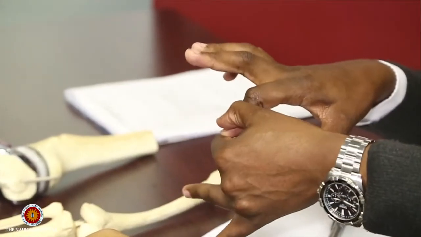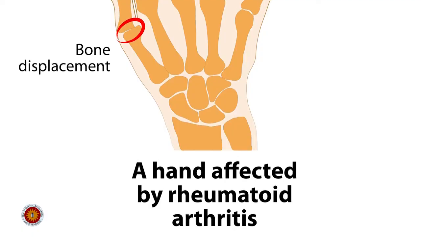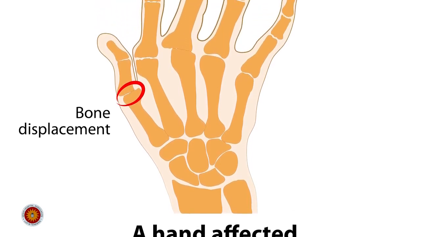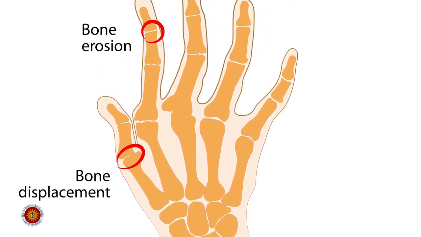And then these other ones which are not affected straighten out. Now, those deformities, we call them Boutonniere deformity or swan neck deformity. So that is very classical of rheumatoid arthritis. In fact, in the very severe forms, even these bones of the wrist joint, we call the carpal bones because there are very many of them, they dislocate.